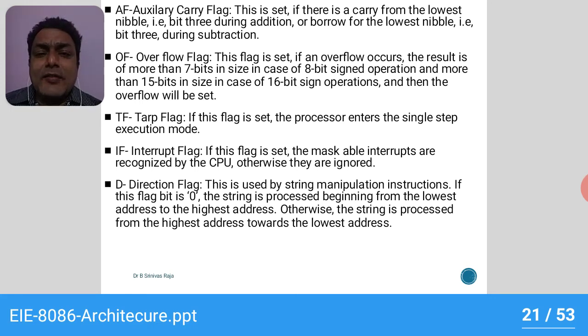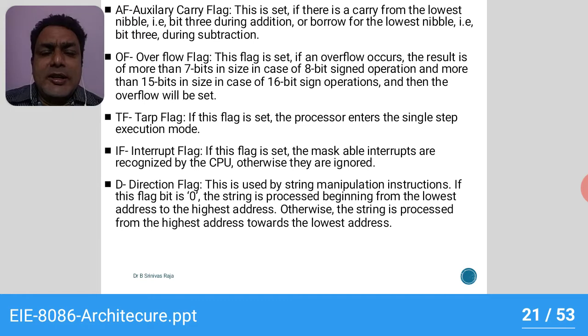So the direction flag will give us the information about the direction in which the string is processed, either from lower order to higher order or higher order to lower order. So the sequence is determined in the string instruction by the direction flag.